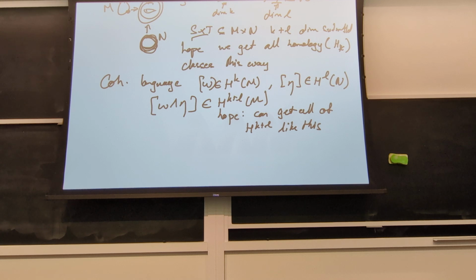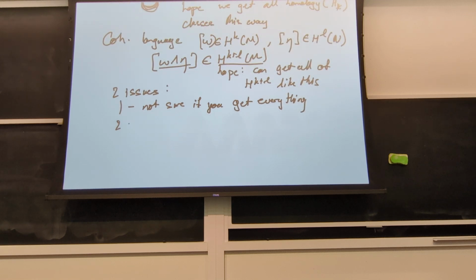Yeah. So there are two issues with this. The first is you're not sure if you get everything, right? So you're not sure that things of this form will span this whole dimensional space.